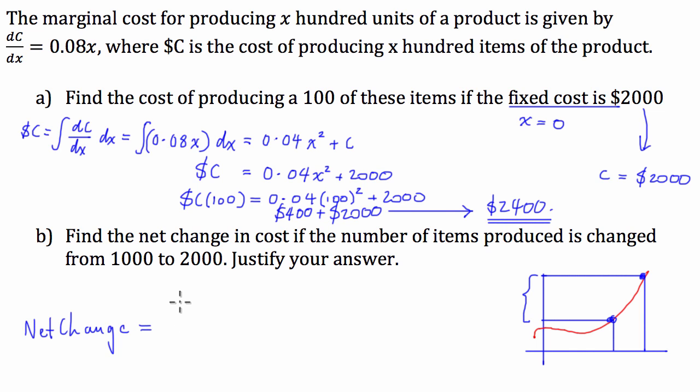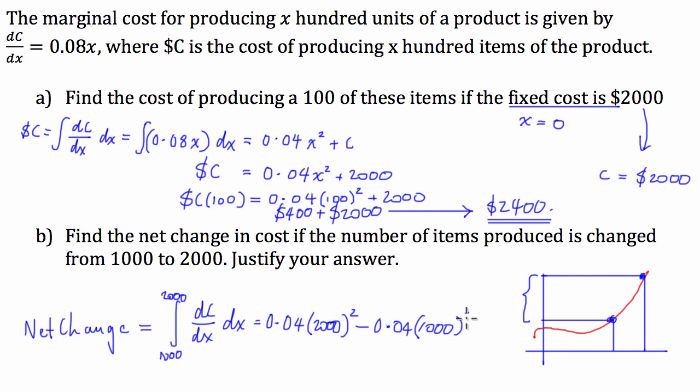The net change will be equal to the integral from 1000 to 2000 of the marginal cost function, dC/dx, and what we get is 0.04 times 2000 squared, subtract 0.04 times 1000 squared.